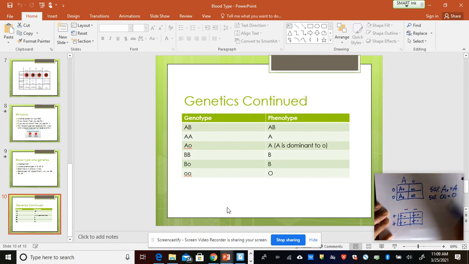So this combination would be 100% of RH positive blood types. So those are just some examples. You'll need to use this sort of key to help you do the problems on assignment 6.9. You'll open that up in Canvas, and there are some questions about doing some Punnett squares.